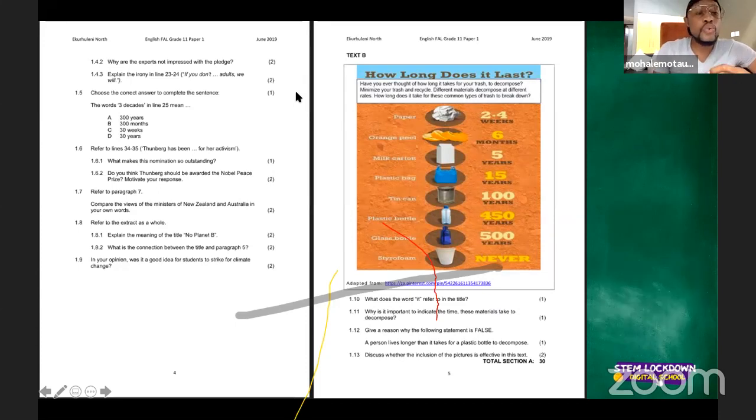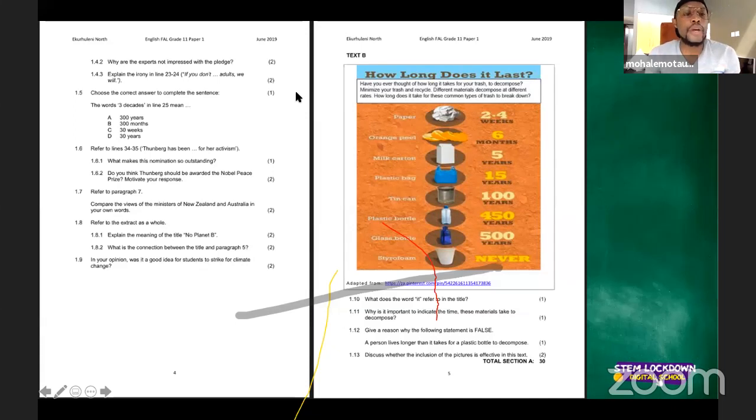So all you have to do is to put that into your own words to compare the 2 views of the 2 ministers, and you'll get awarded your 2 marks.